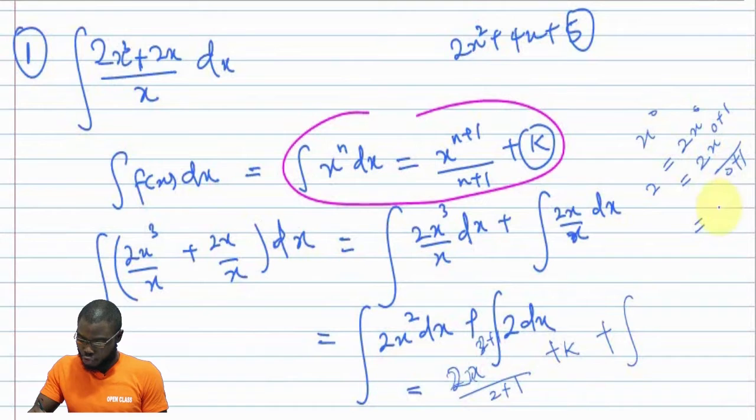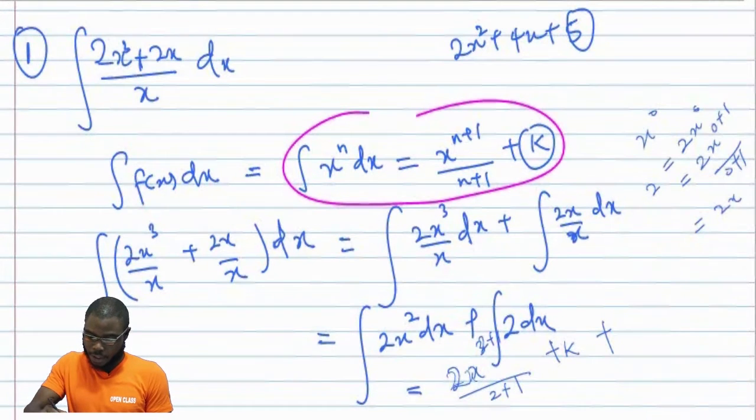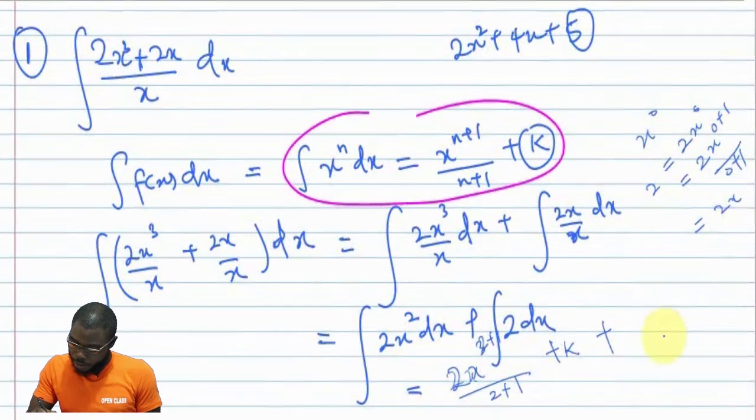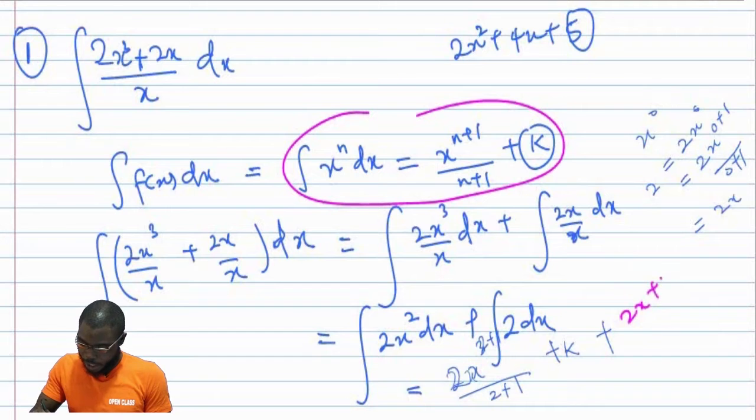So we have 2x, 0 plus 1 is 1, so 2x over 1. So now if we integrate that, this is actually the integration. Now, we have the solution to be equal to 2x plus k.